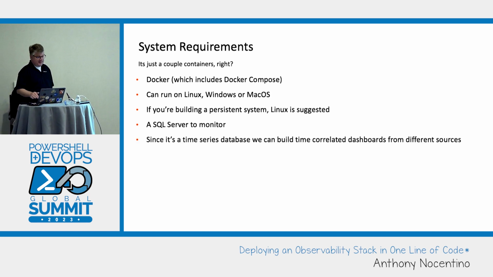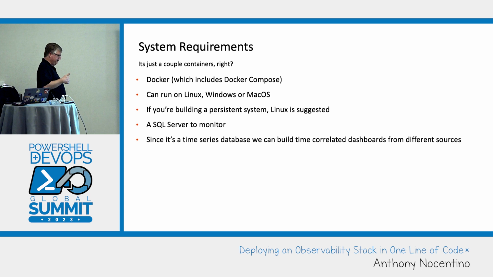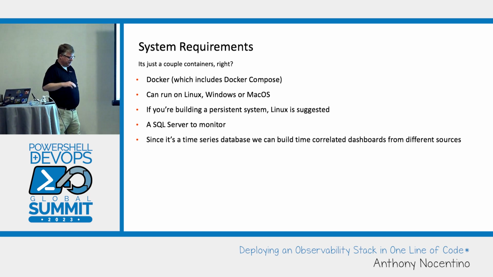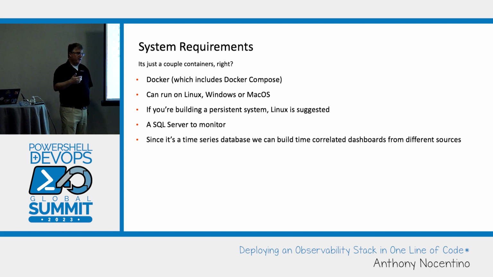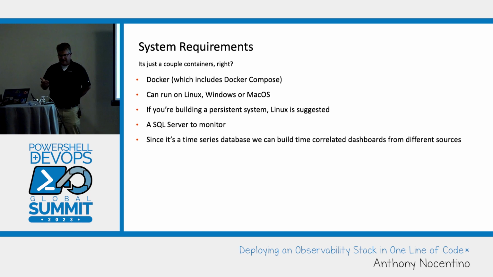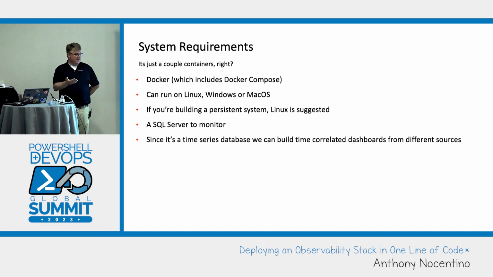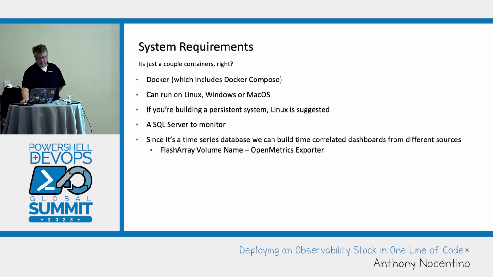And we're going to talk about time correlation in our platforms. And that first example of time correlation that I showed you was a SQL Server metric and a flash array metric, right? So I needed a way to say, this SQL Server lives on that volume, right? And you have to solve this problem across any platform that you build, if you're going to connect time correlated metrics, because you have to add that context to the thing that you're consuming, right?